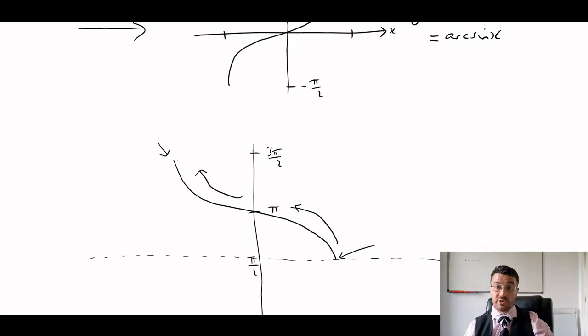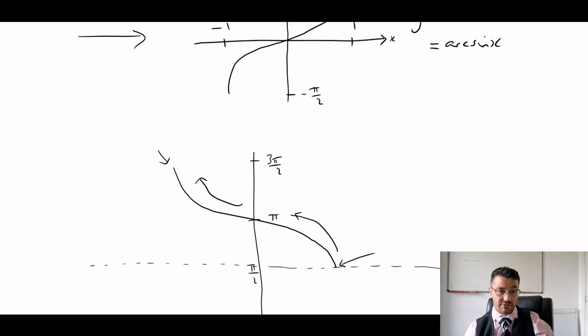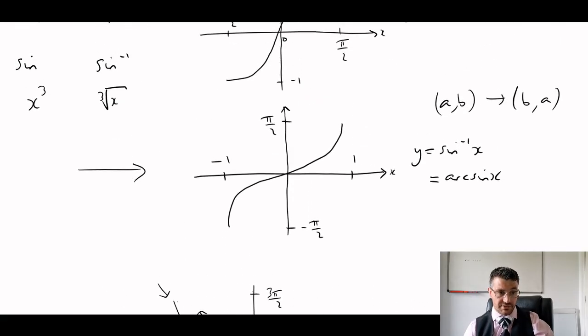And we could make a restriction from 3 pi by 2 to 5 pi by 2, in which case we'd get a graph that looks like the original one, except rather than going from minus pi by 2 on the y-axis to pi by 2, it'd go from 3 pi by 2 to 5 pi by 2. And we could go in the other direction, from minus 3 pi by 2 to minus pi by 2, or minus 5 pi by 2 to minus 3 pi by 2.